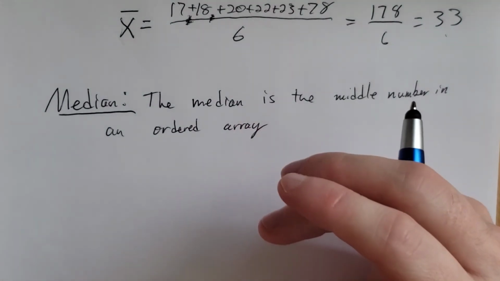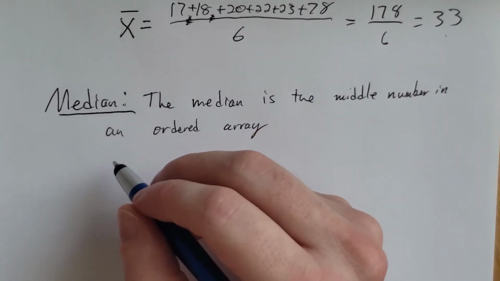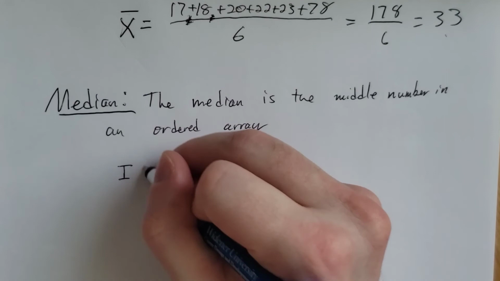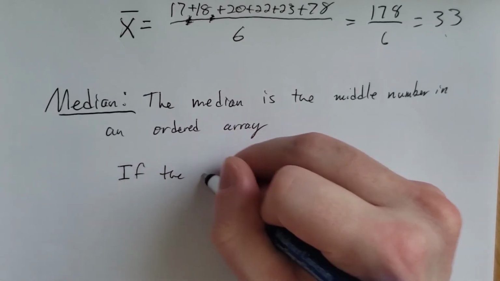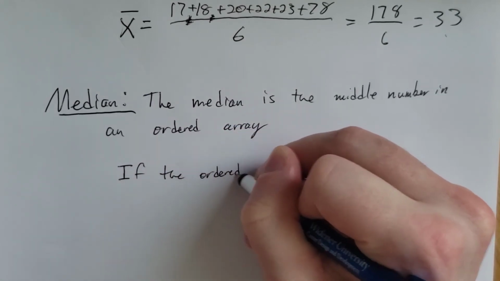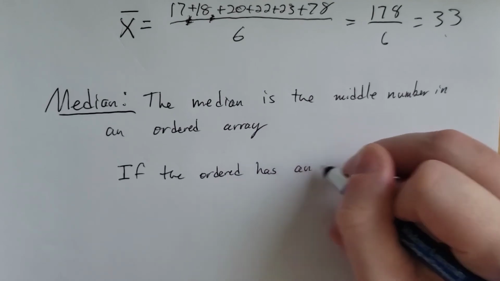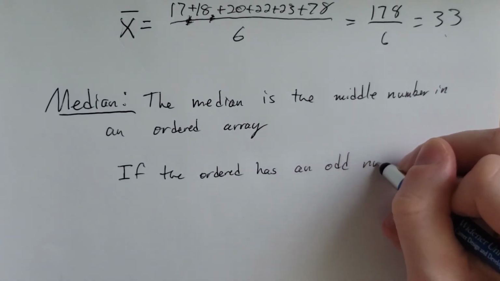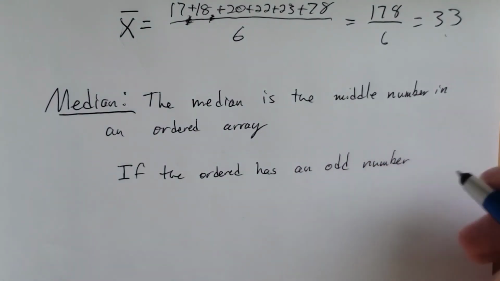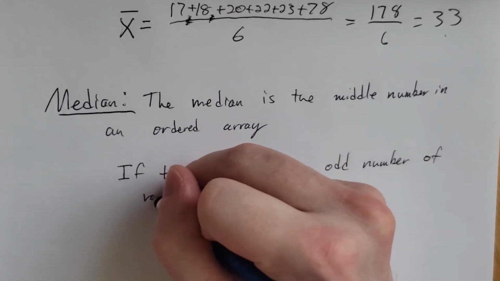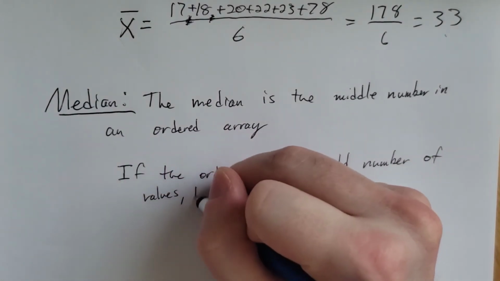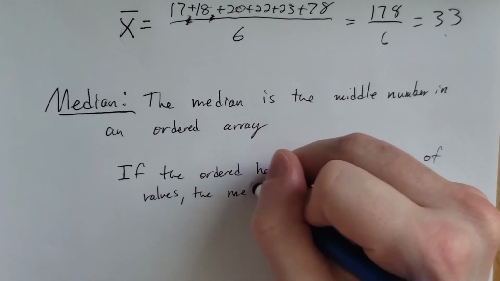So for example, well, actually we should say something first. If the ordered array has an odd number of values, the median is the middle number.